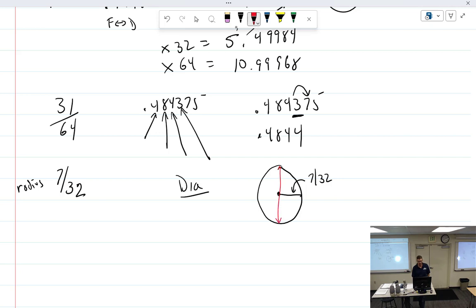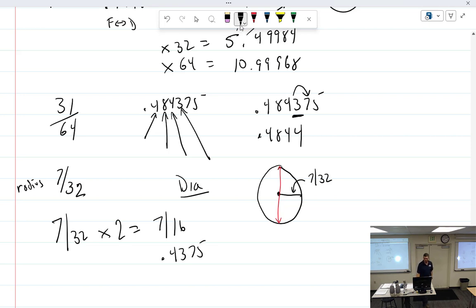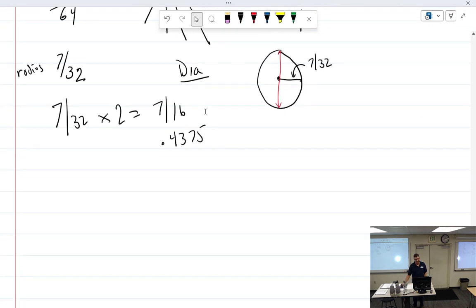So that is just what times what? 7/32 times 2 equals 7/16, with a decimal equivalent of 0.4375, because I think the answer was actually in decimals, so 0.4375. All right. Feeling good about that? Of course you are.